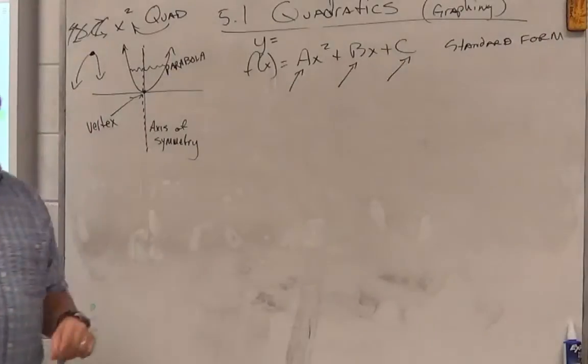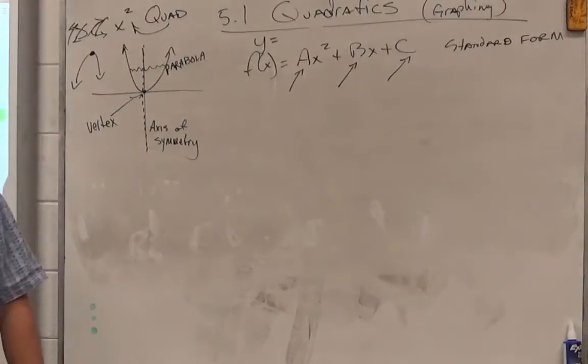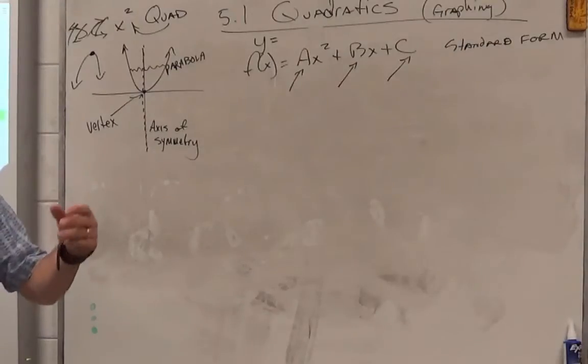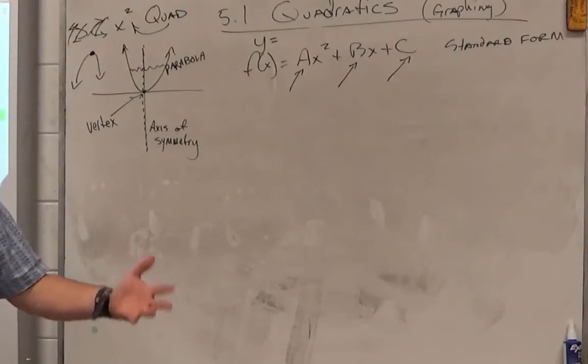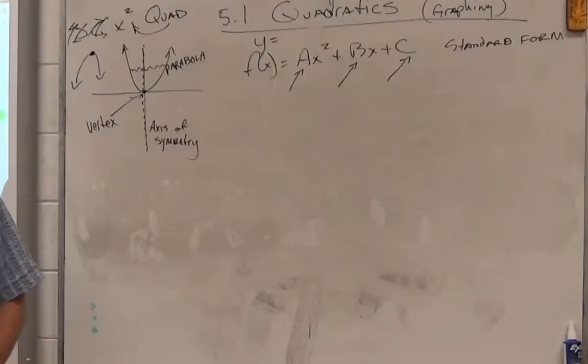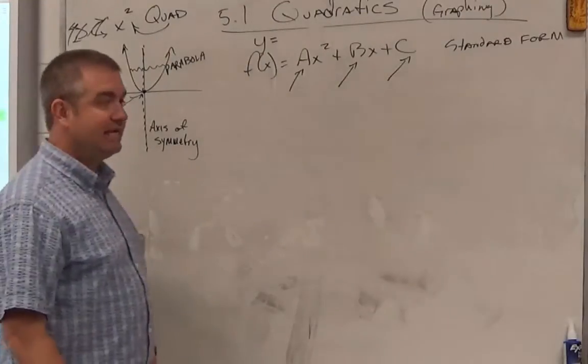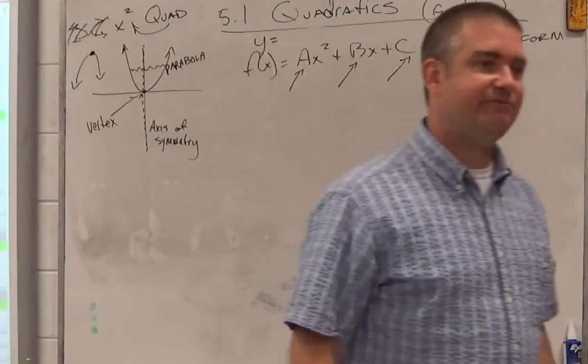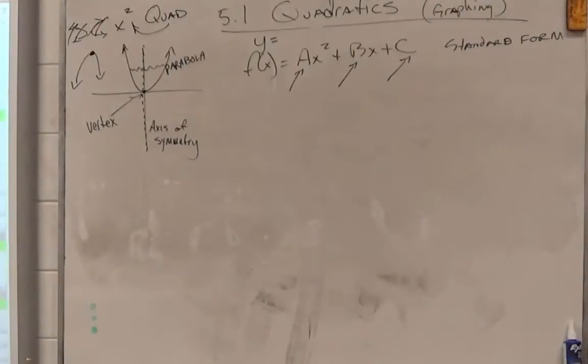It's the one that doesn't have an x and doesn't have an x squared. Write this down. a, b, and c are numbers. In order for us to find the axis of symmetry and vertex in standard form, we first have to be able to quickly, easily identify a, b, and c.